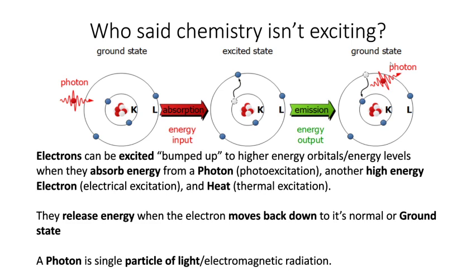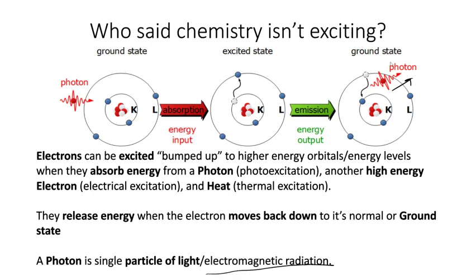Then, once the electron is in an excited state, it's not going to be able to stay there for very long. And so what happens is it releases energy. It's going to send that energy back out after it's been in that excited state. It moves back down to what's called its ground state, and it's going to release the energy back out, usually in the form of some sort of electromagnetic radiation.